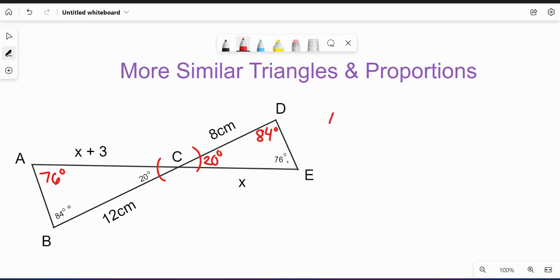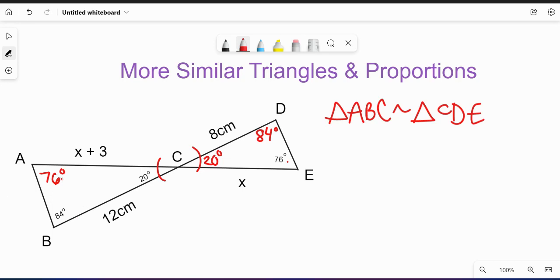So we're going to say triangle ABC is similar to triangle CDE. And how do we know that?